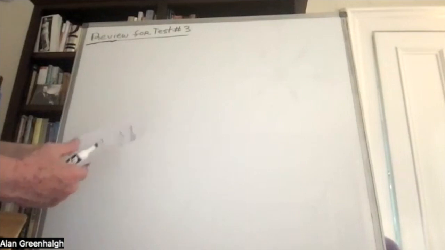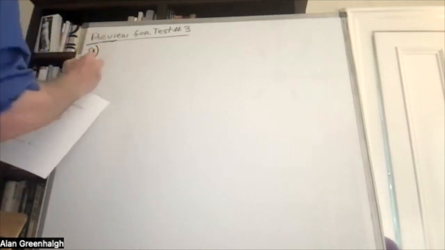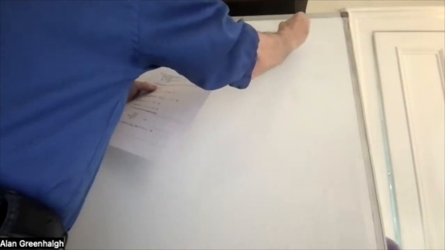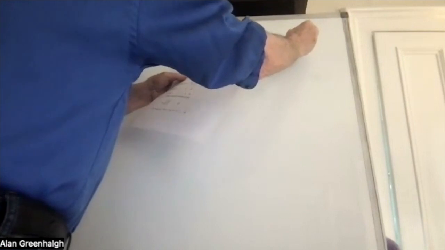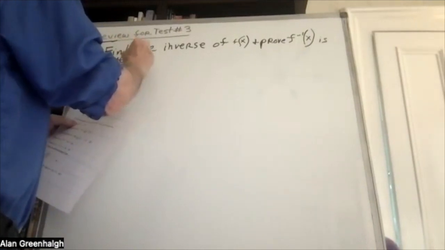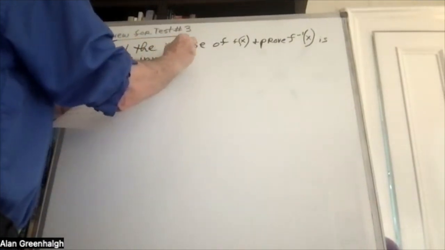And now we're going to do problem number 9, which is to find the inverse of f of x, and prove that f negative 1 of x, in other words, the inverse, is indeed the inverse of f of x.